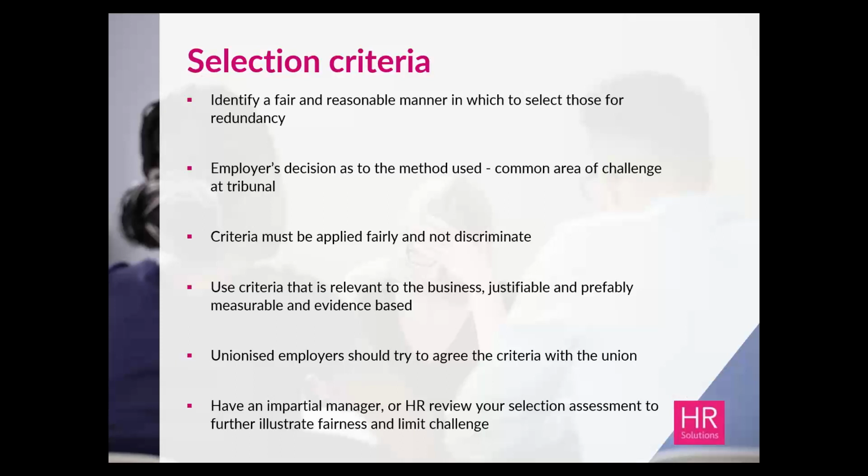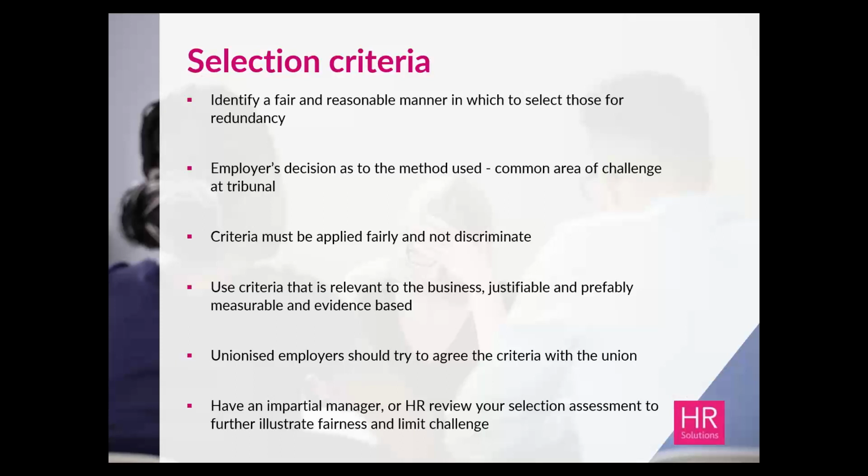Use criteria that's relevant to your business, is justifiable, and preferably, if you can, always make sure it's measurable and can be evidence-based. So you can use things like performance ratings, disciplinary record, timekeeping, professional qualifications. They're just some areas you can use when you're selecting. And as I said, with caution, be mindful around how absence records are used, and we would generally steer away from those.